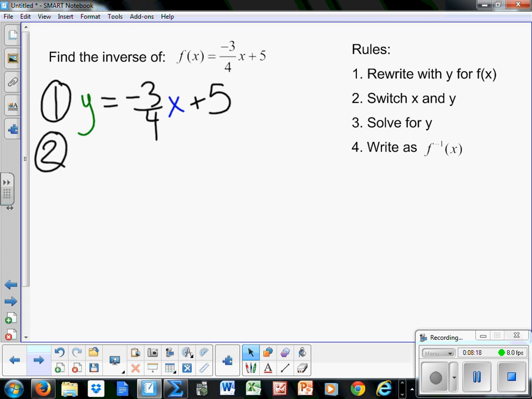So again, this is going back to what we looked at the very beginning. The inverse is when you switch the domain and range. So in our inverse function, our domain is equal to the range of our original function.